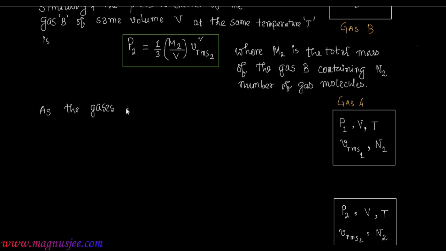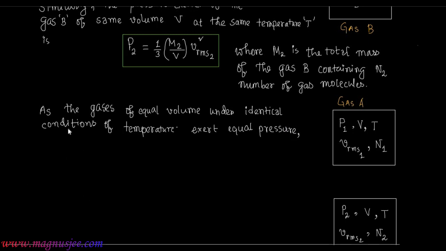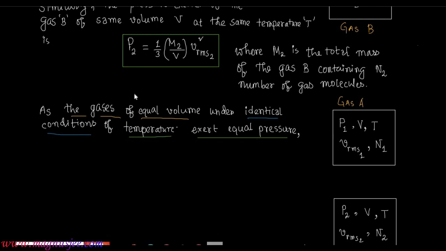As the gases of equal volume under identical conditions of temperature exert equal pressure, we can say P1 will be equal to P2.